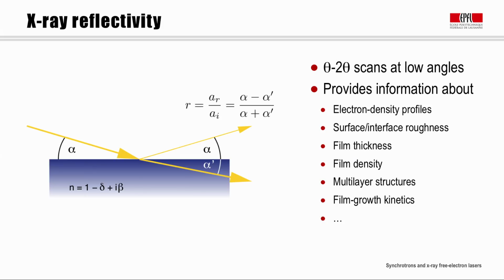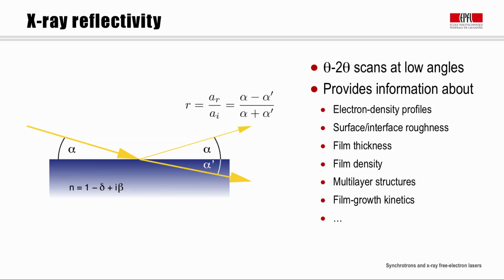The reflectivity amplitude, remember we actually measure the intensity proportional to the square of the amplitude, is given by the Fresnel equations for reflectivity and transmission, and is equal to the difference in incident and transmitted angles across the surface divided by their sum, as shown here.